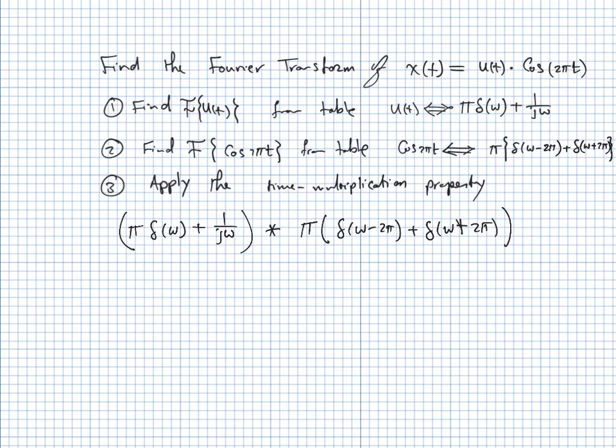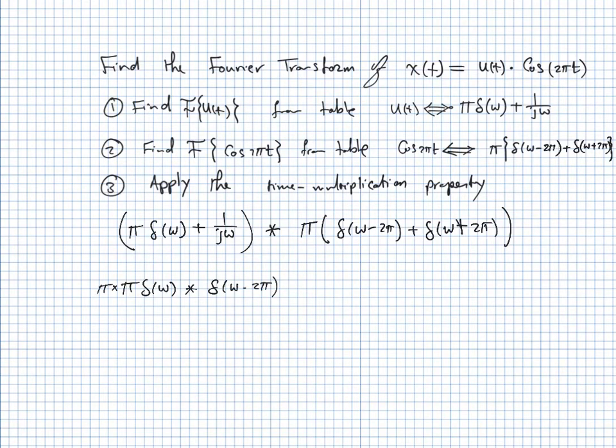Number one, we can capitalize on the fact that convolution is distributive and linear. So if two things are added together, we can separate them and do the convolution separately on each one of them. And if we convolve something with something plus something, then we can distribute the convolution, right? So basically this convolution can be calculated as pi delta of omega convolved with delta of omega minus 2 pi, multiplied by another pi, right?